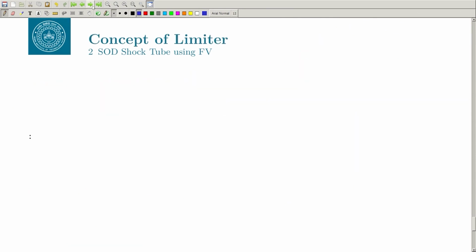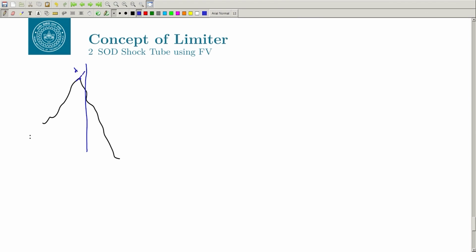Now, one issue that quite often happens is when you are trying to reconstruct, depending on how you calculate the slope. Let us say this is our function, and we are calculating the value, this is my face, this is my face, and if you start calculating the gradient, del u by del x, for this cell, you will get a gradient which is going like this.